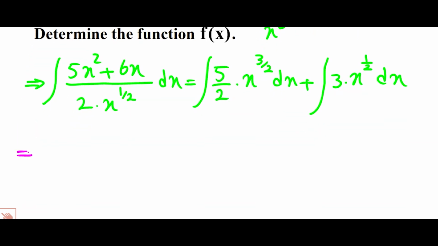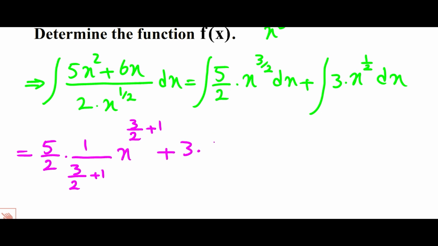So we use the power rule: 5 over 2 times the integral of x to the power of 3 over 2 equals 1 over (3 over 2 plus 1) times x to the power of 3 over 2 plus 1, plus 3 times 1 over (1/2 plus 1), which equals 3 over 2, times x to the power of 3 over 2, plus c.